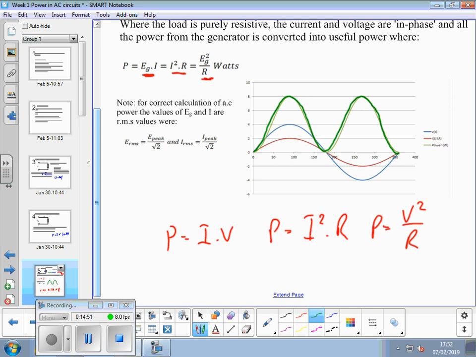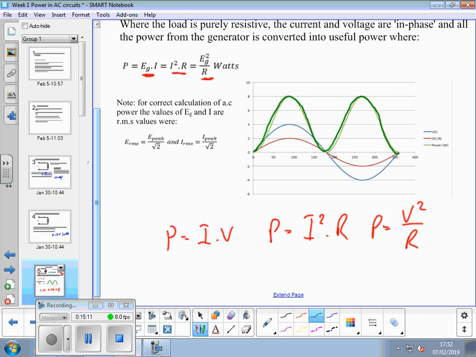So coming out of those sockets over there, 230 volts RMS would give the same power in the same resistor as 230 volts DC. It's a straight line value given the equivalent power, right?